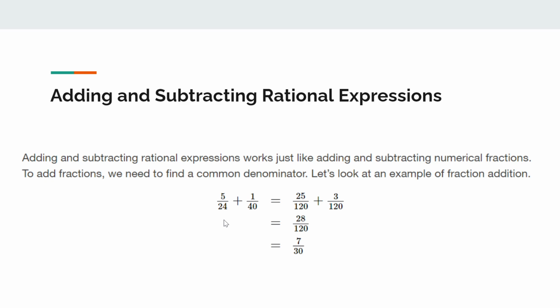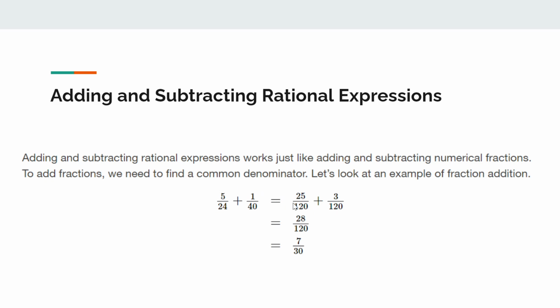If we multiply the denominator of 5 over 24 by 5, we also have to multiply the top by 5, so we'll end up getting 25 over 120. Same with 1 over 40: if we multiply top and bottom by 3, we'll get 3 over 120.